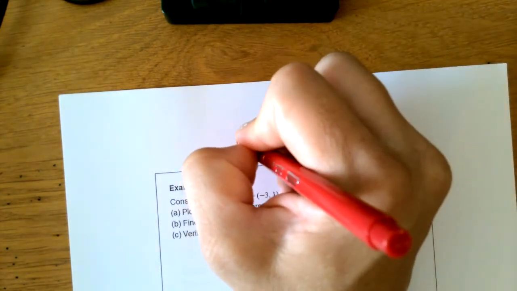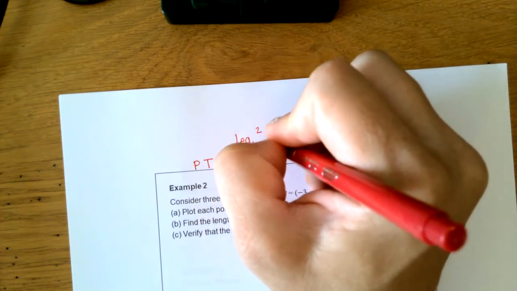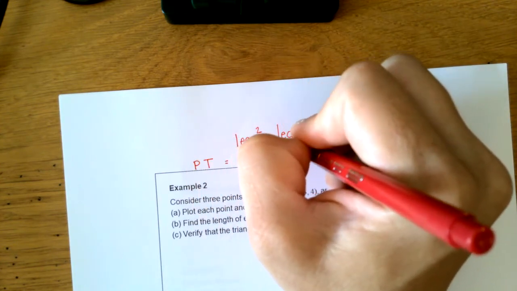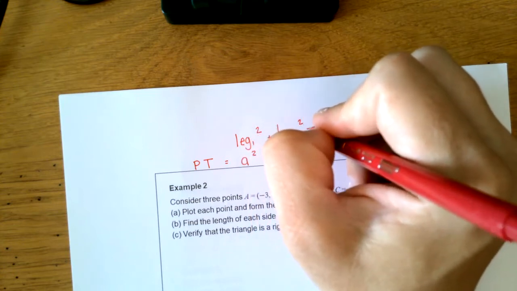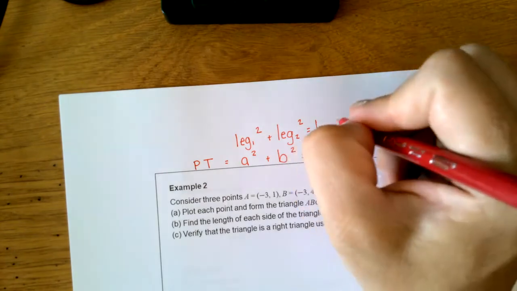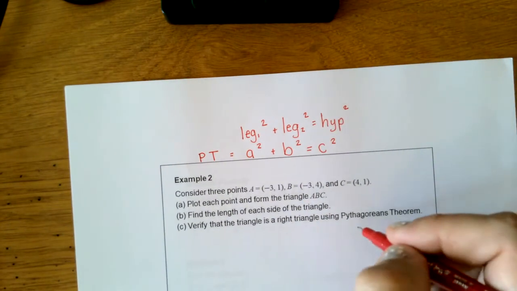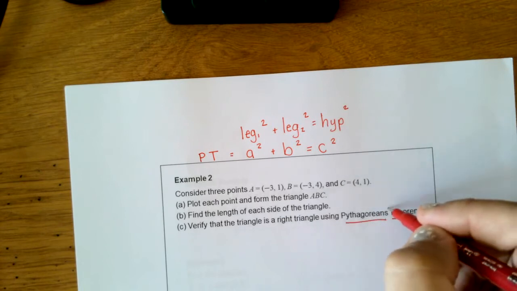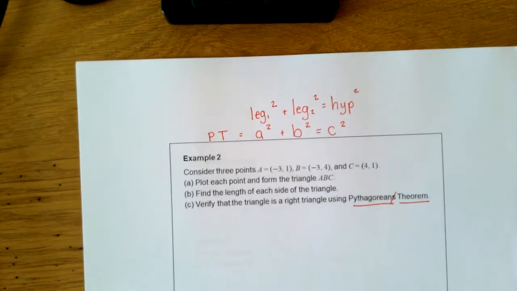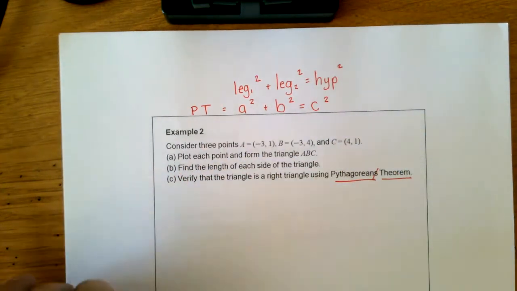So we would say leg 1 squared plus leg 2 squared equals hypotenuse, the longest side of the triangle, squared. So that's what the Pythagorean theorem says.